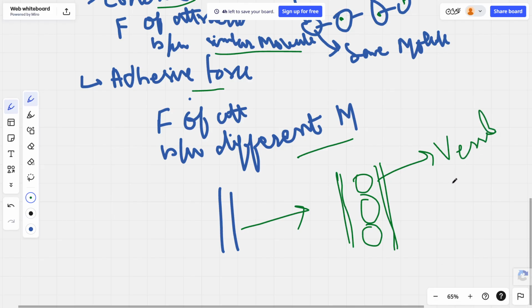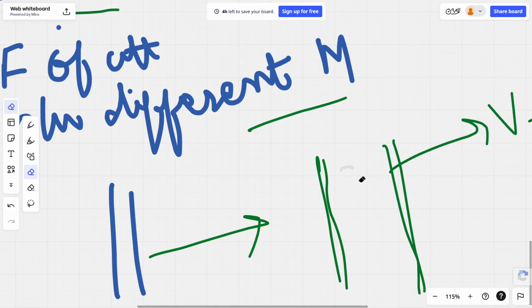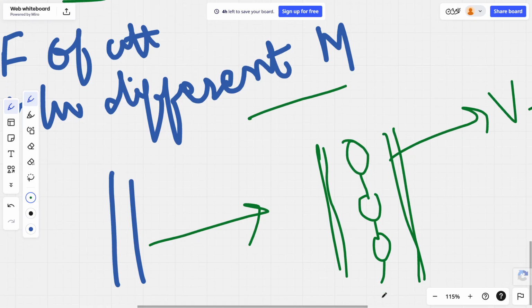I'm sorry, my writing is too bad. So these are the vessels, and there is a bond between them. Let me make a bond as well: molecule, bond, molecule, bond, molecule, bond. It will continue till the trachea ends.